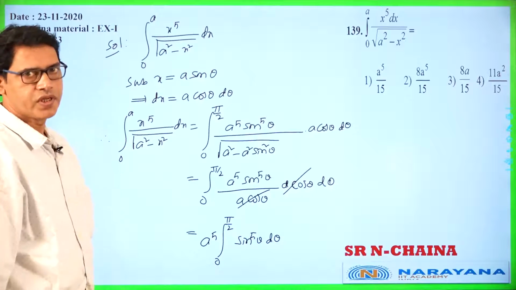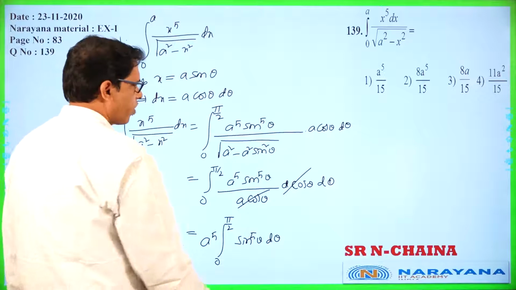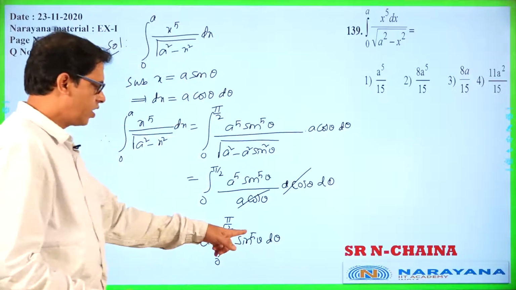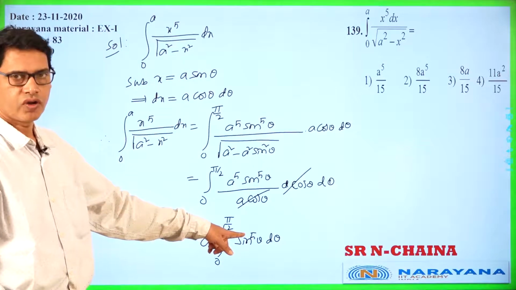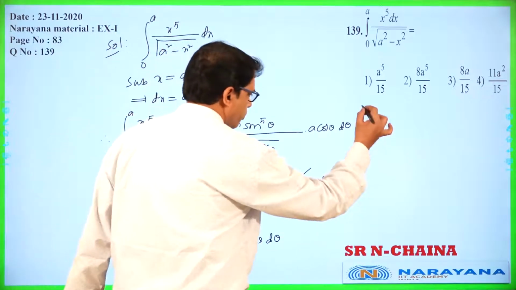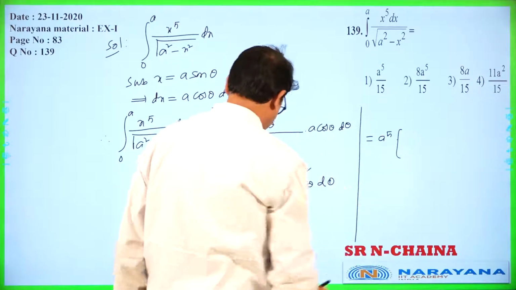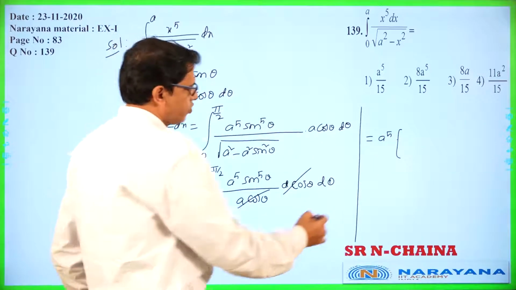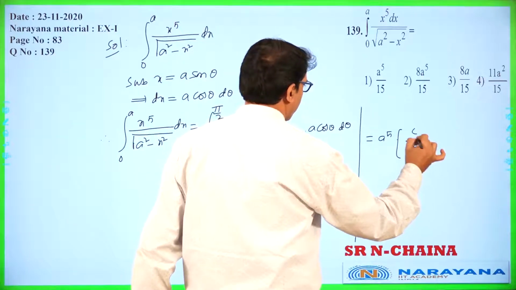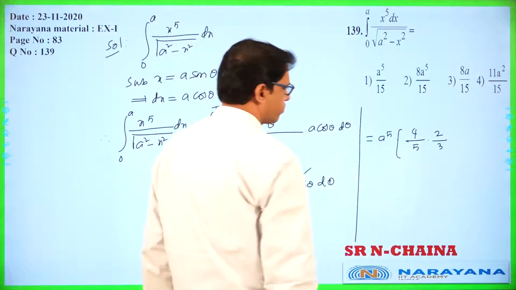Now apply the formula. So what is the formula? Index is odd, so the last term will be 2 by 3. That equals a to the power 5 into, open the brackets. First begin with 5, then 4, then 3, then 2.